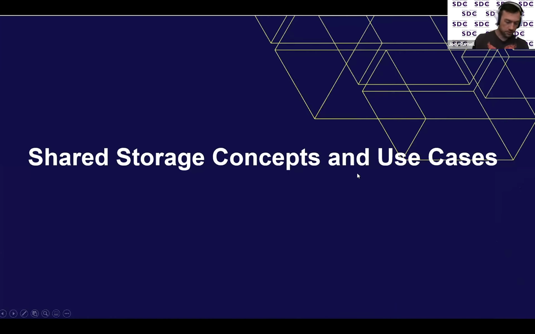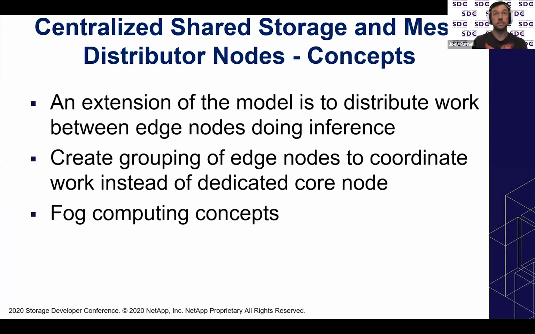Okay, so far we've been talking about a lot of concepts, and what we'll delve into now is some use cases and some more of the concept, extending it into a mesh. What we talked about is more of a centralized shared storage model, but a natural extension of this is to have a mesh of edge devices with distributor nodes. In the previous couple of slides, we had a distributor node.